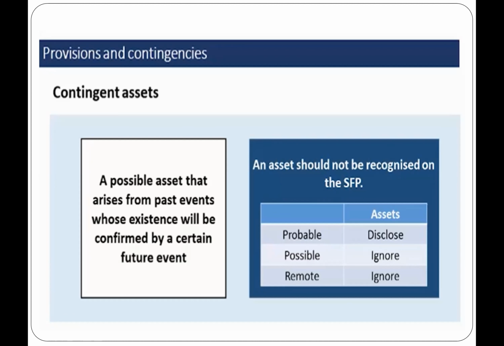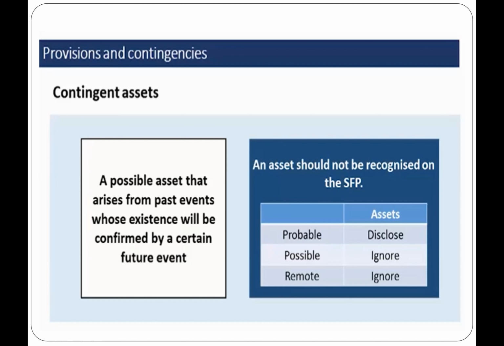So if there is a more than 50% chance that you will be paid back your money, what we simply do is disclose. We cannot recognize it as an asset because remember the prudence concept, we don't count our chicks before they are hatched. Even if we know there's a high chance that they're going to be hatched, we wait until they become chicks before we can count them.